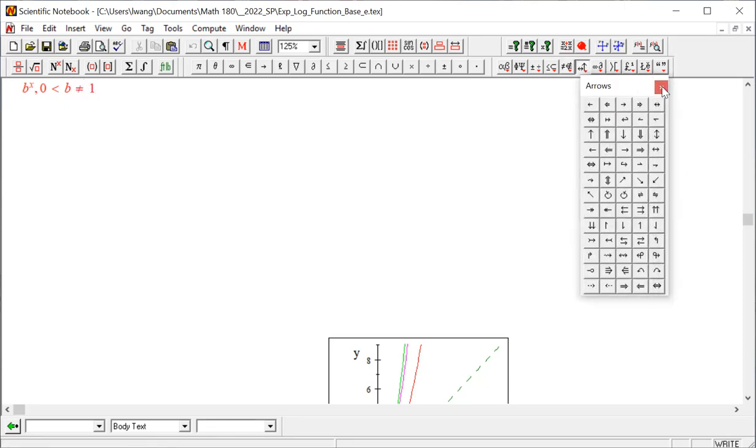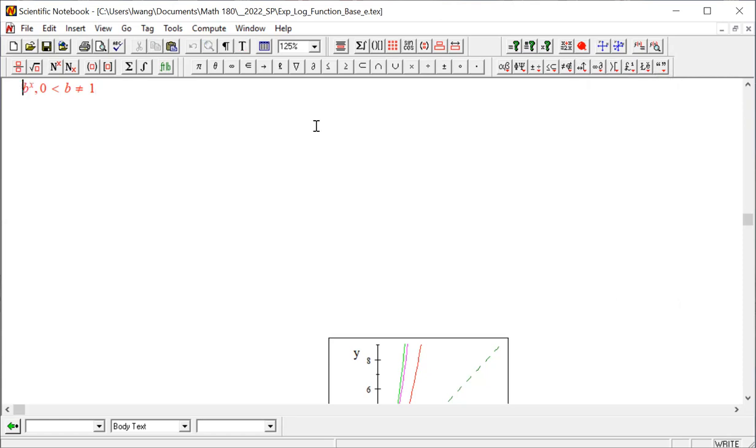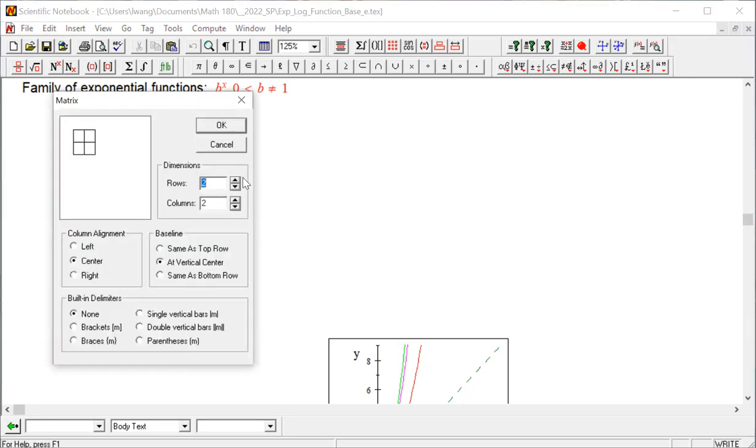This is called the family of exponential functions. We certainly have studied this family.